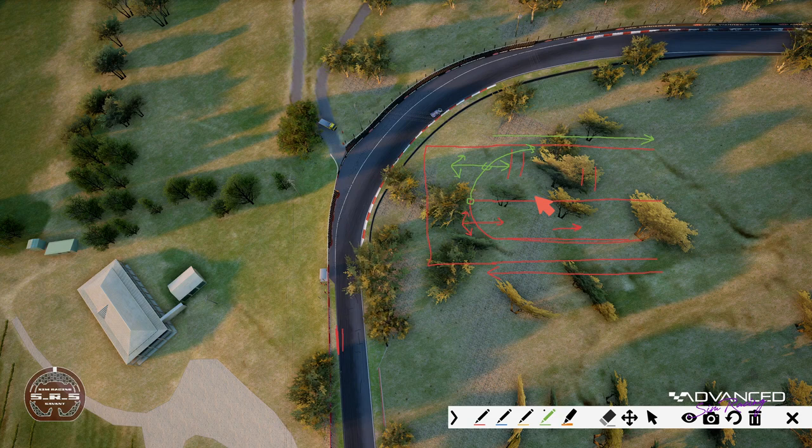A corner like 6 or 7 at Brands Hatch, the really fast right-hander after the straight, wouldn't be the kind of corner to think of here. Think of T1 or T2 at Bathurst, where we have to take off a lot of speed, get the car rotated, and then we're back on the power at exit.